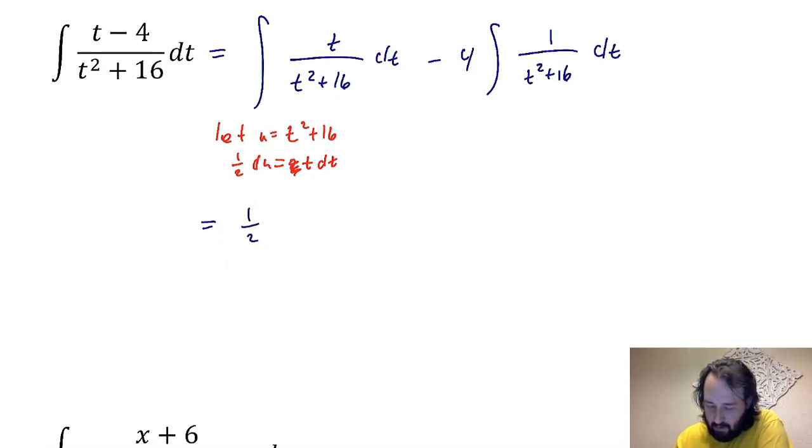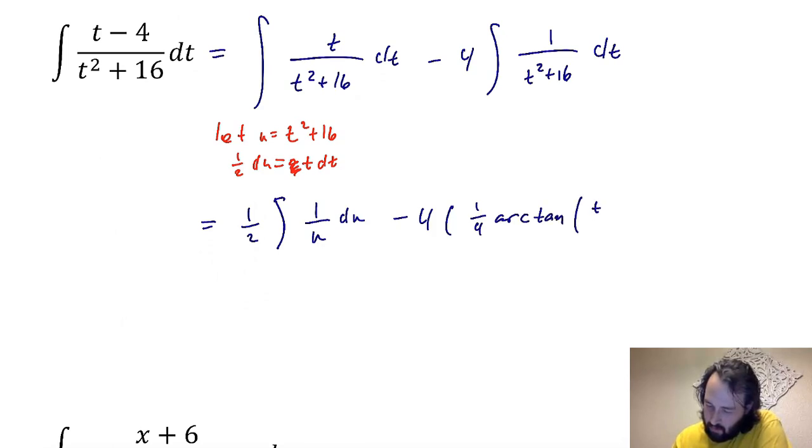So this would be 1/2 the integral of 1 over u du minus 4 times 1/4 arctan of t over 4 plus c.